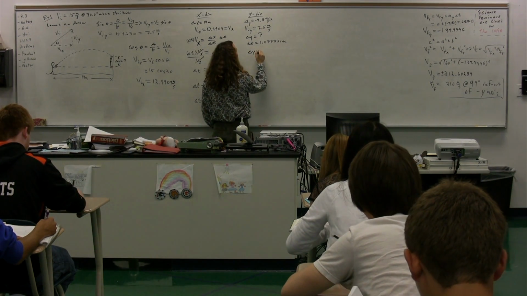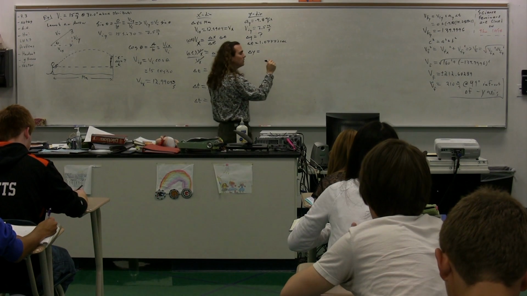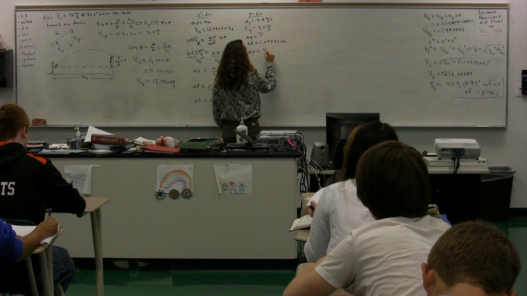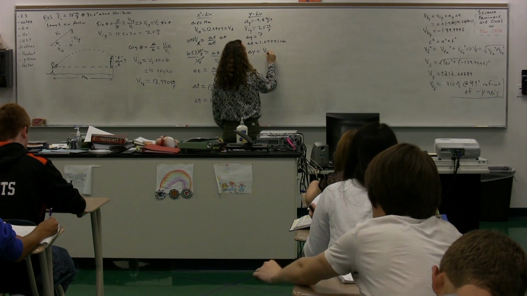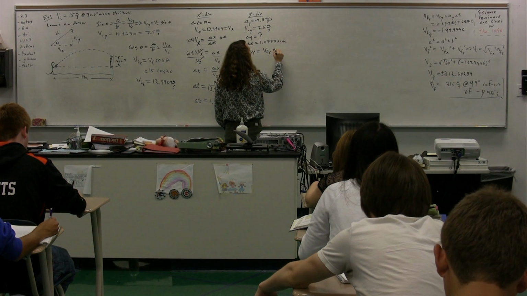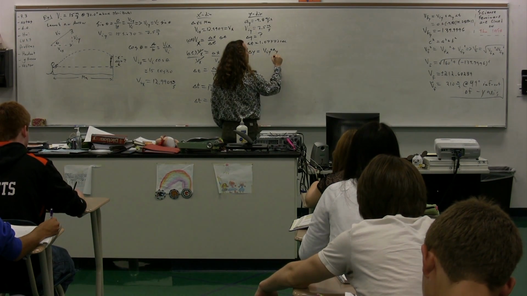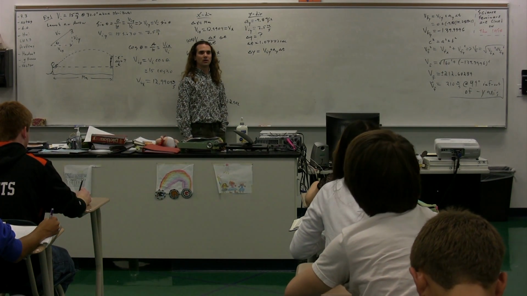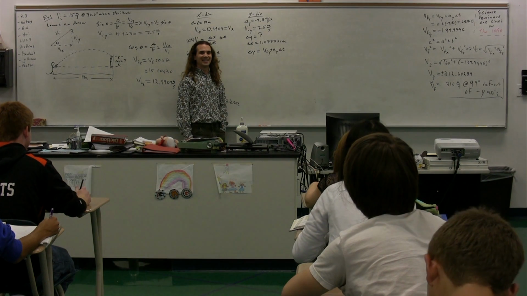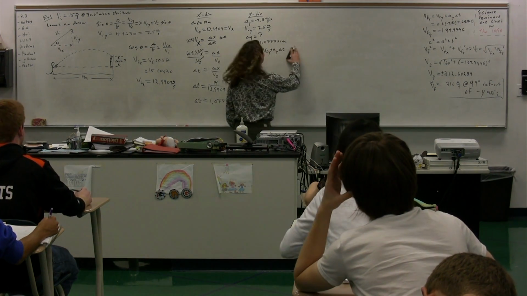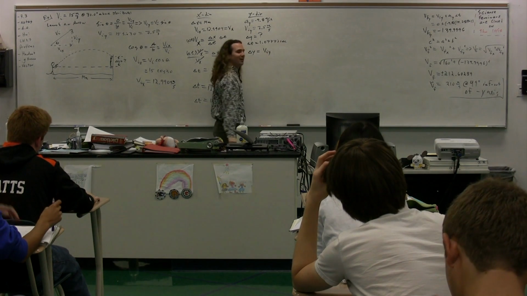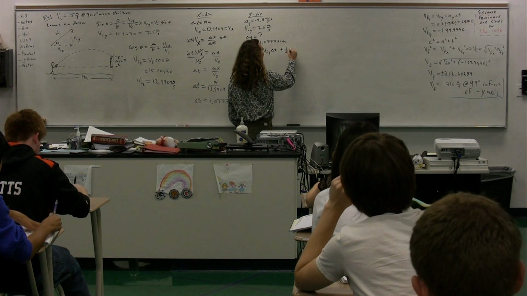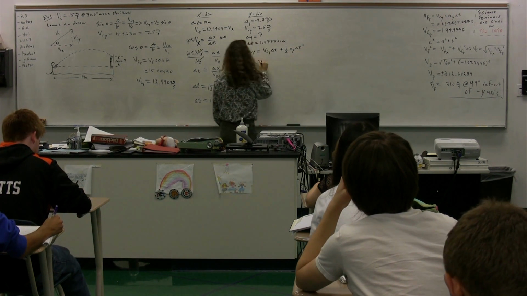You would use delta y is equal to the velocity initial in the y direction times delta t, plus 1/2 a in the y direction times delta t squared. We have all of this information.